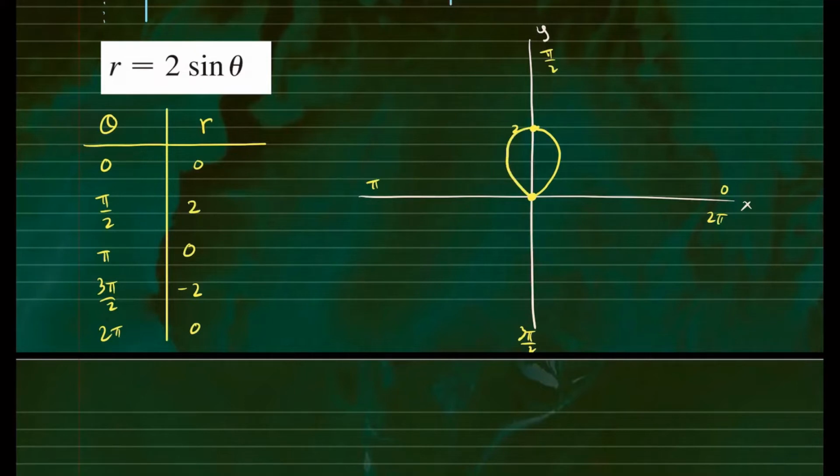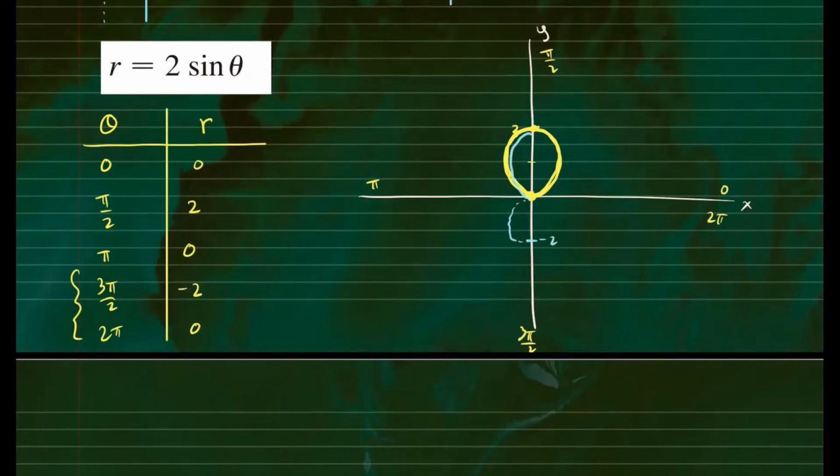It's again a circle. So my picture looks a little weird. But this is also a circle of radius 1. So the center is right here. Now, if you keep plotting these points, you'll see that you still have the same picture. You're just looping around the same circle. For instance, for 3 pi over 2, so that's right here, where our radius is -2. So instead of being down here, curving it this way, negative radius means you go in the opposite direction.